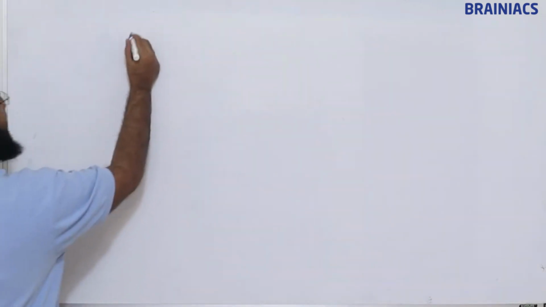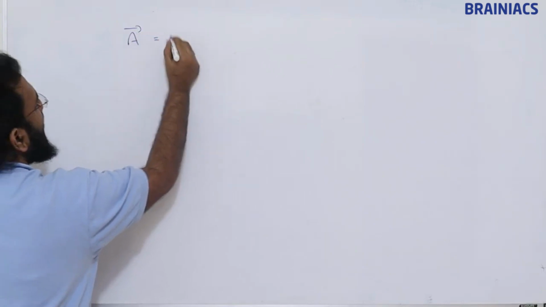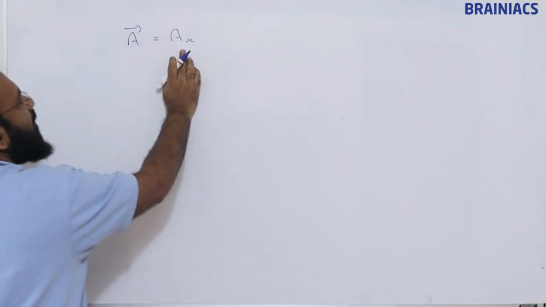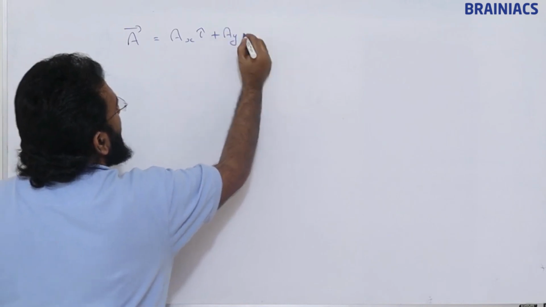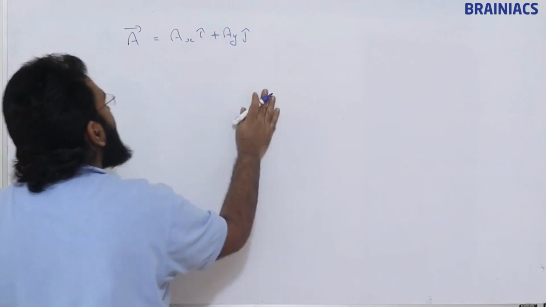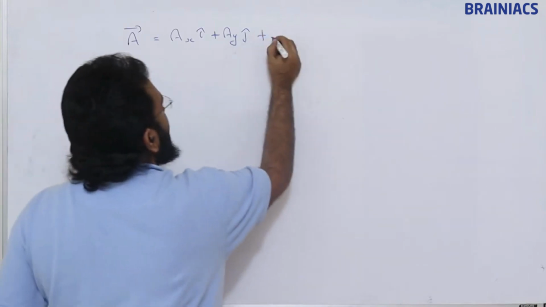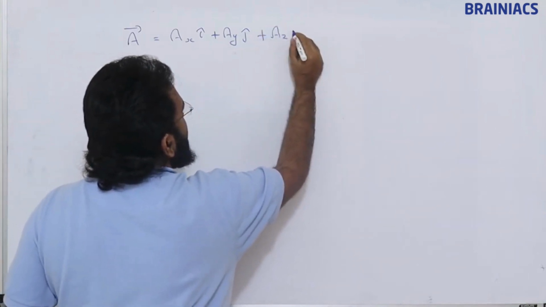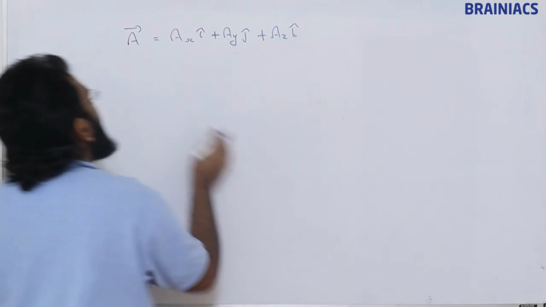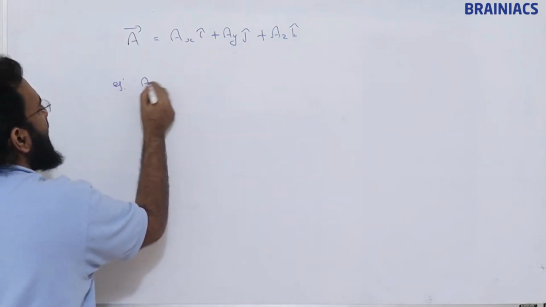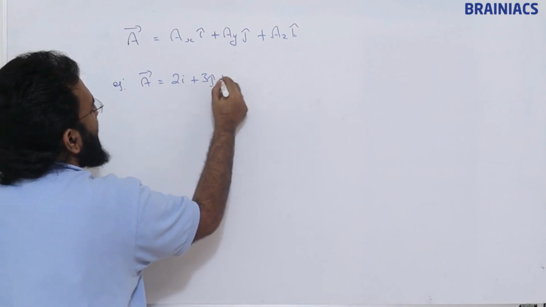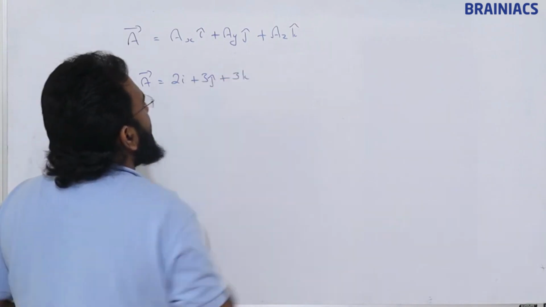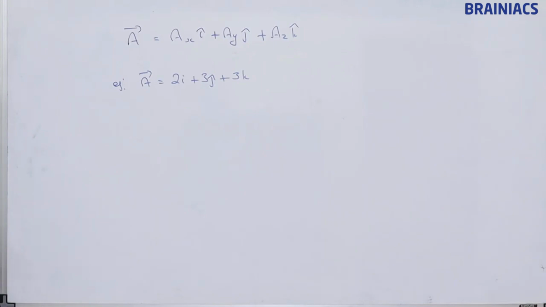So a vector a can be addressed as its component along the x-axis into i, its component along the y-axis into j, and if there is a component along the z-axis, that into k. Just like a can be 2i plus 3j plus 3k.